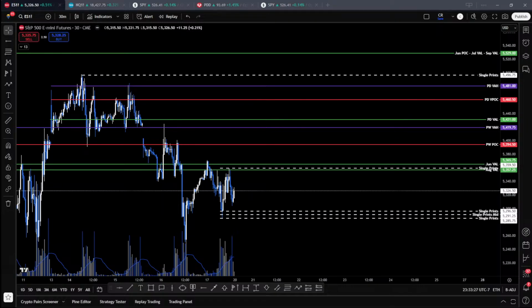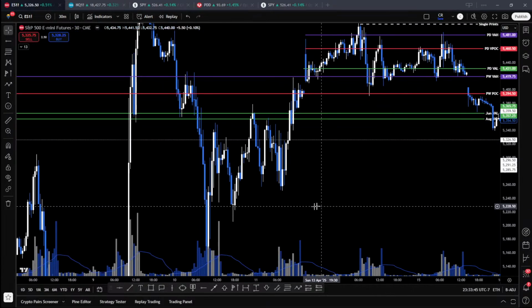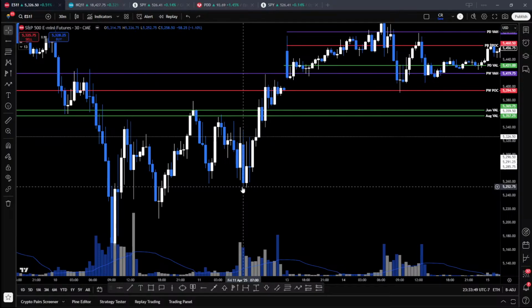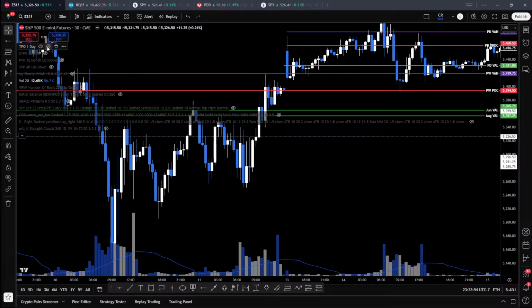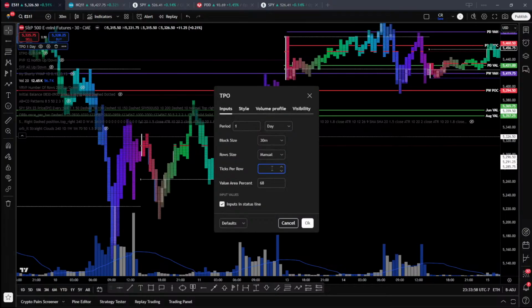Almighty Beardman, I don't really know what to say about that. I look at it and I might use my judgment a little bit. To me, if I zoom in here, this is a poor low, right? And if I use TPO with my ticks on 3, I know it's not going to be a poor low.